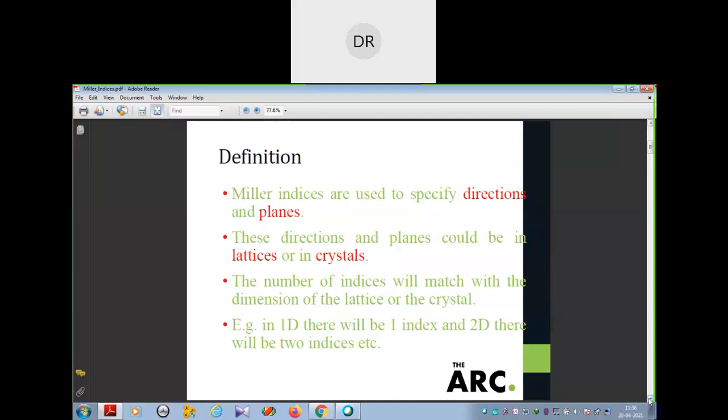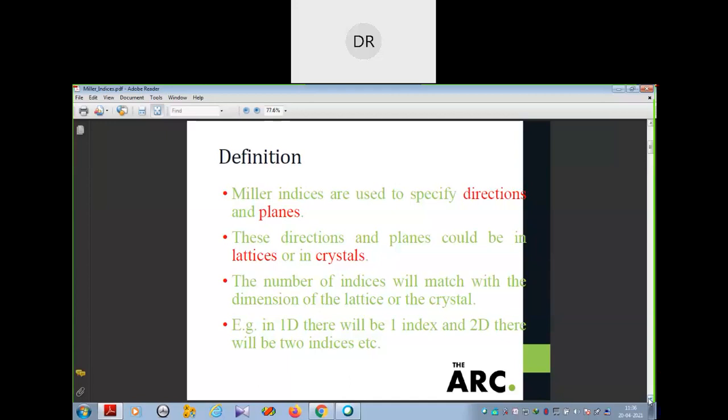Now today we'll study this Miller indices. What does it actually define? Miller indices are generally used to denote directions and planes. Suppose we want to say in which direction a plane is occurring.